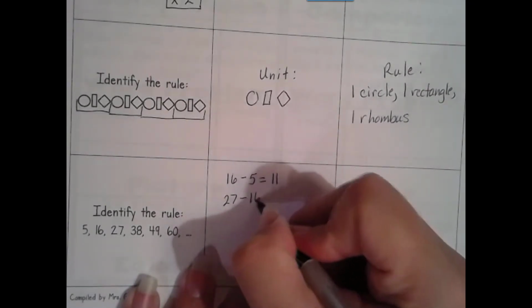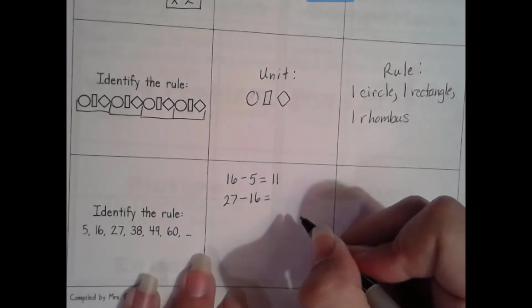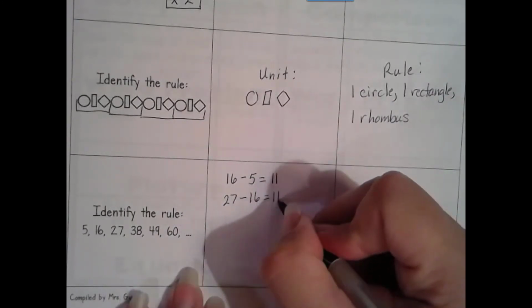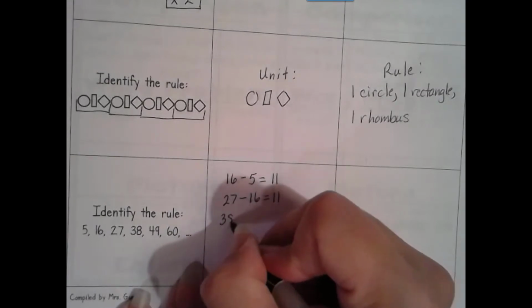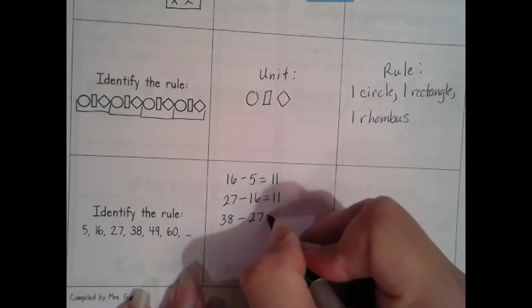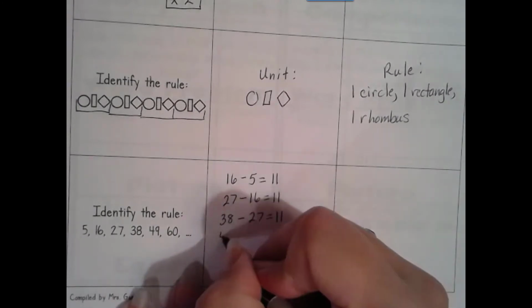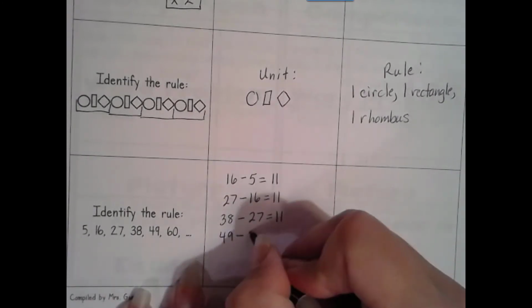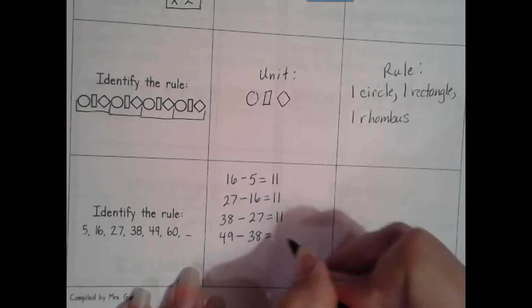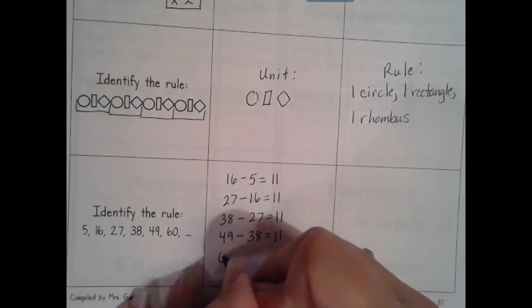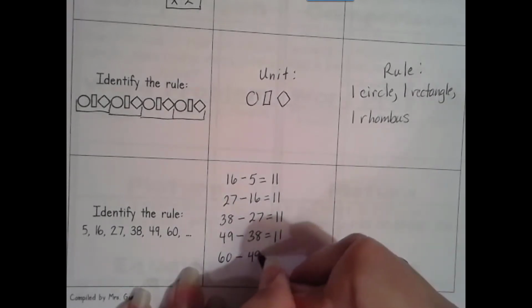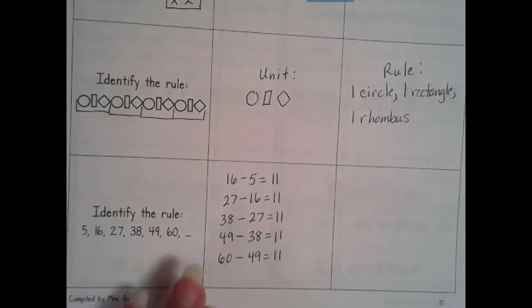27, take away 16, I get 11. 38, take away 27, I get 11. 49, take away 38, I get 11. 60, take away 49, 11.